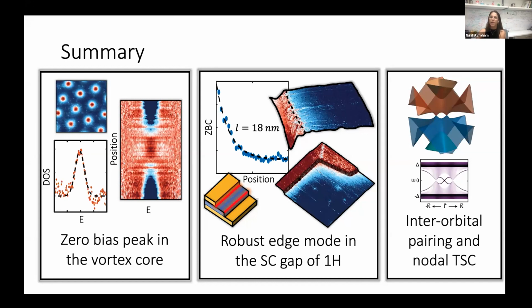Anyway, in this kind of measurement, we cannot distinguish the chirality. Maybe with a spin polarized STM we can detect the chirality, but so far we didn't measure it, and in general this is a time reversal symmetric system.